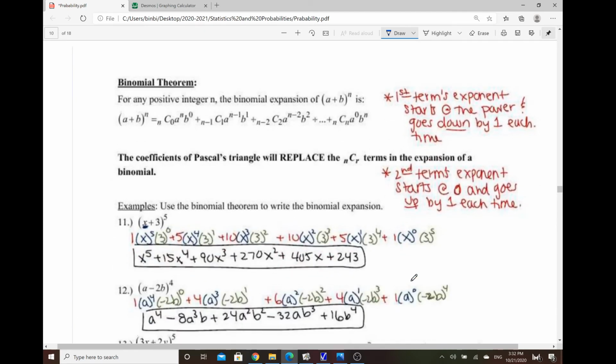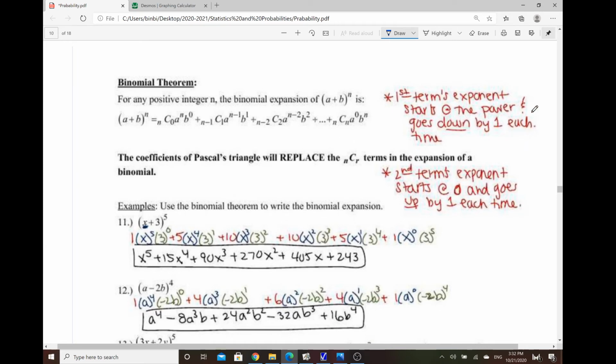So the binomial theorem: for any positive integer n, the binomial expansion, a plus b quantity to the power of n, can always be expanded as n choose 0, a to the power of n, b to the power of 0, plus n choose 1, a to the power of n minus 1, b to the first power, and plus so on and so forth, all the way to the last term, n choose n, a to the power of 0, b to the power of n.